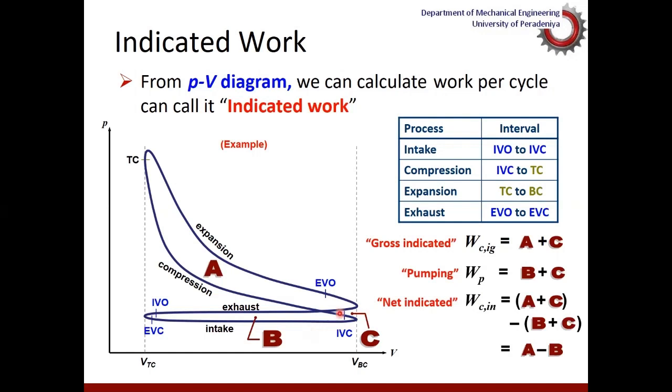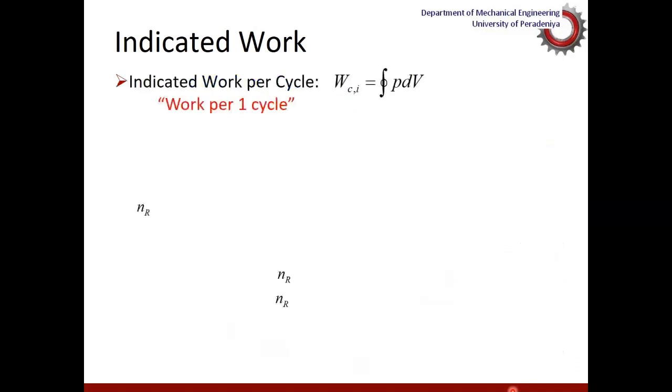So the net indicated work is the area of our loop minus the pumping loop. So A minus B will give us the net indicated work of an engine.